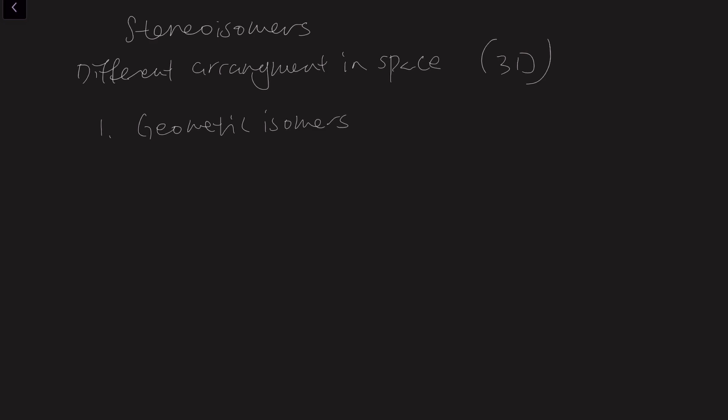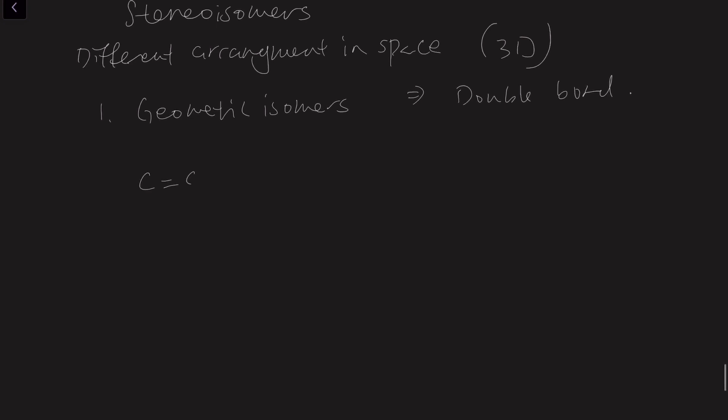And this applies to double bond only. So in this C=C double bond, the bond itself cannot rotate. So the relative position of each element connected to this double bond is fixed.